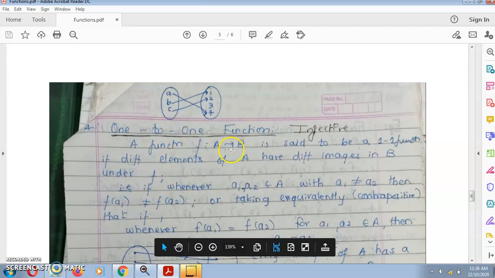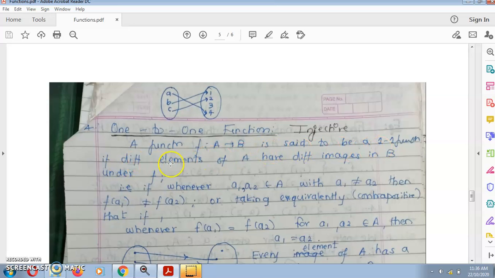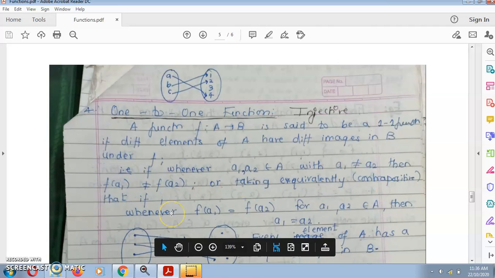A function f from A to B is said to be a one-to-one function if different elements of A have different images in B under f. That is, whenever a1, a2 belong to A with a1 not equal to a2, then f of a1 is not equal to f of a2.